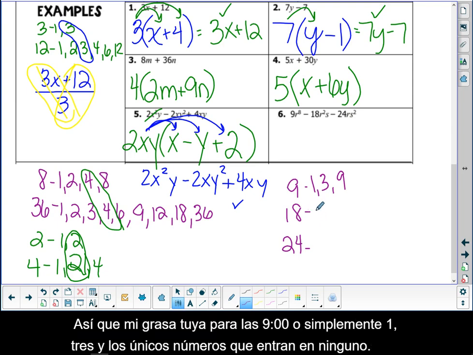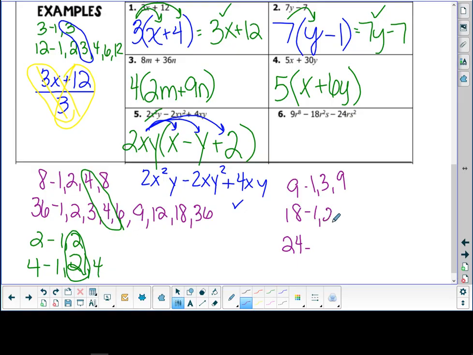18, I've got 1, 2, 3, 6, 9, and 18. Well, technically, I could have just stopped at 9 because I know that the number can't get any higher than 9 because that's the greatest factor for 9 itself.